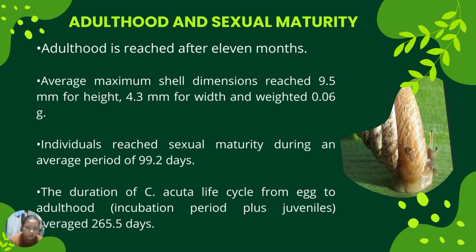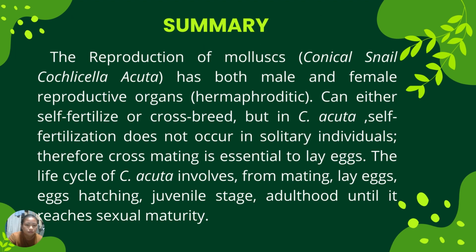Individuals reach sexual maturity during an average period of 99.2 days. So from adulthood until reaching sexual maturity is 99.2 days. The overall duration of the C. acuta life cycle averaged 261.5 days.